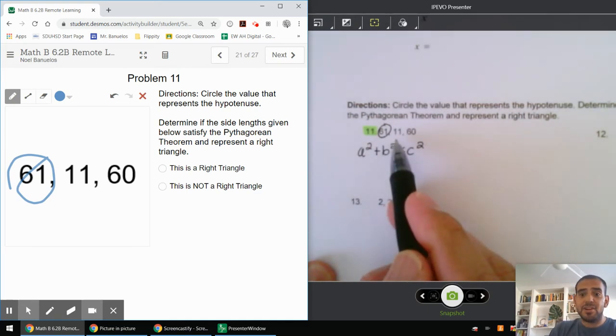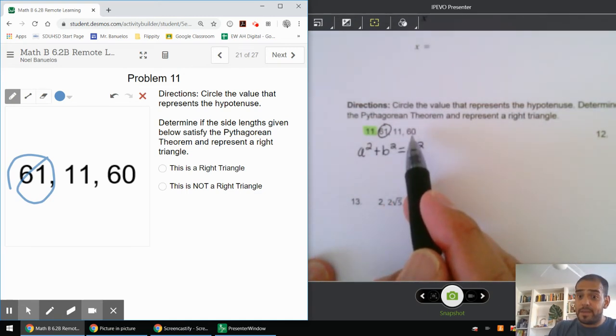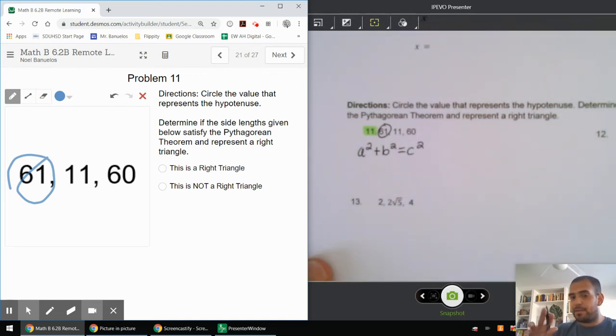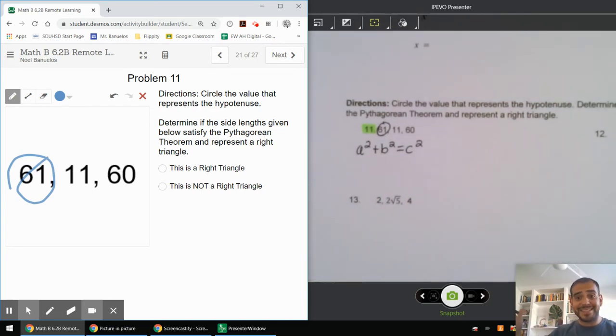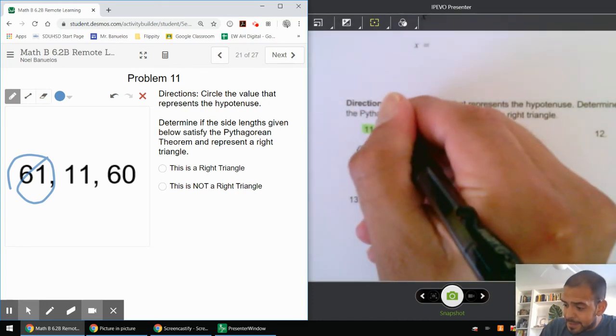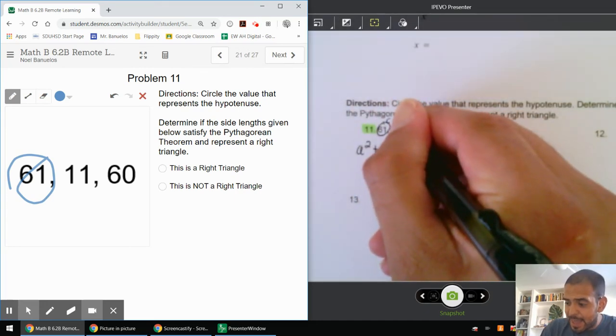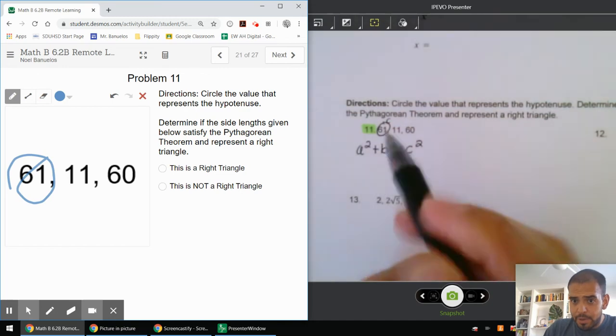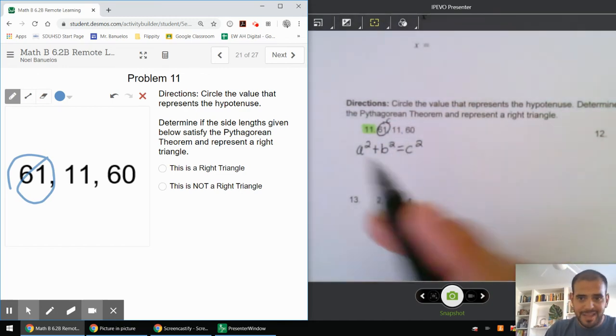So that means these are your legs. And honestly, this could be A and that could be B, or this could be A and that could be B. It doesn't matter, interchangeable. However, it's super important to identify the hypotenuse, and the hypotenuse is the biggest side length. Okay, so here we go. This is C, and like I said, this could be A or B. That's up to you.